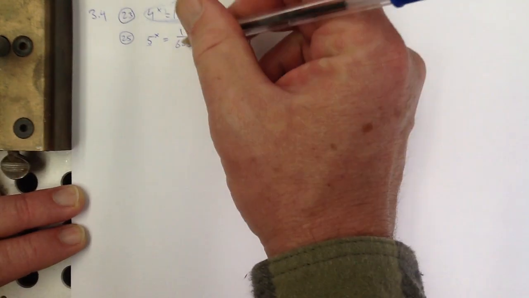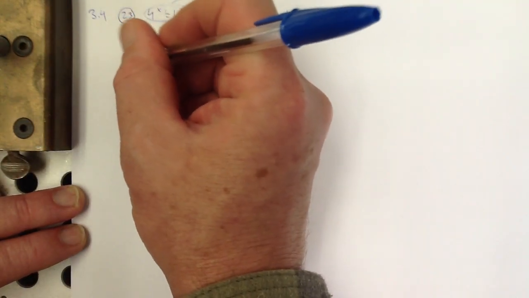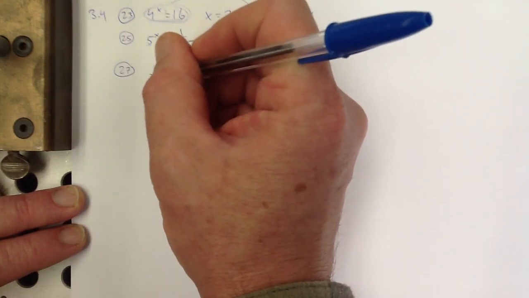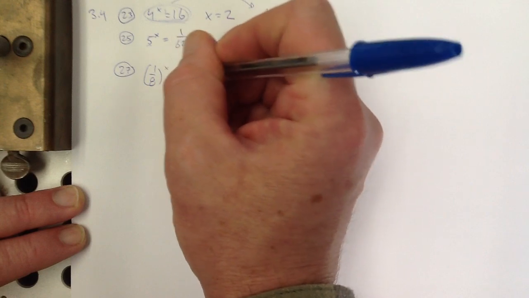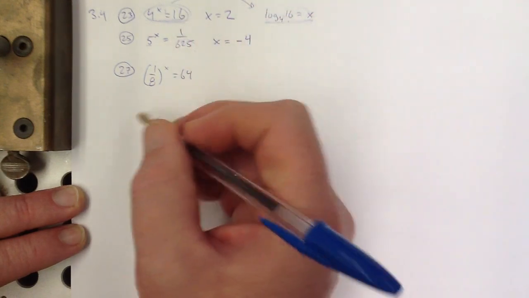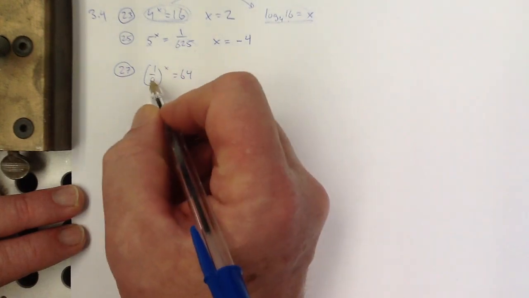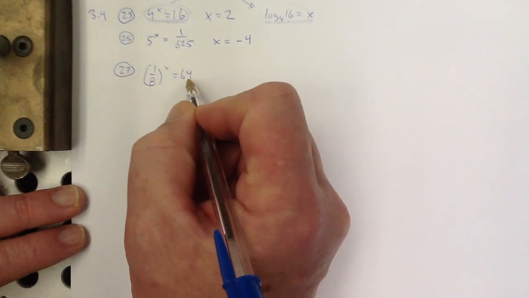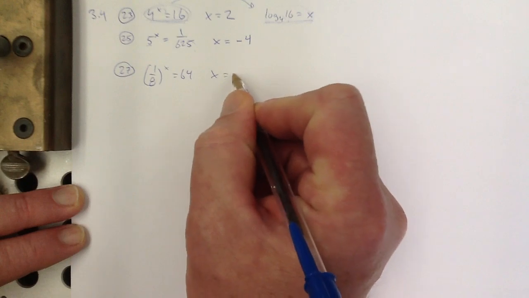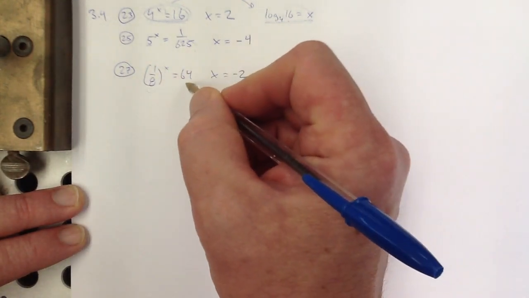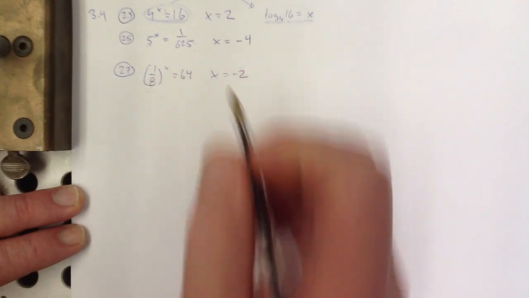The negative sign flips it over. Well, if I raised 1/8 to the 2nd power here, that would be 1 over 64, but that's flipped over, so x must be negative 2. Right? It's flipped 8 back up to the top and then squared to get 64.